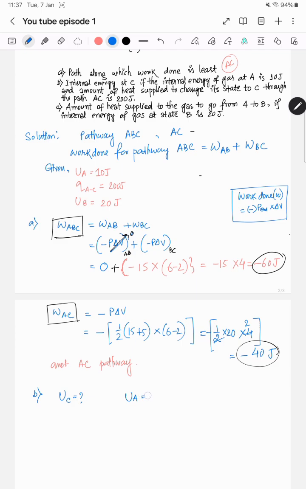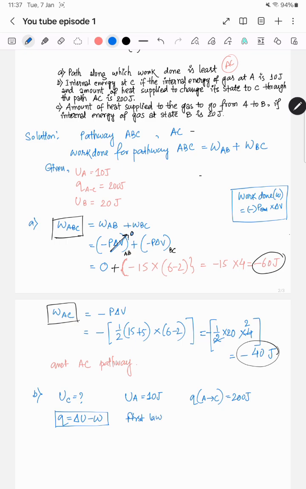Internal energy at A is 10 joule, and the amount of heat energy change from A to C is 200 joule. So from the first law of thermodynamics, Q is equal to delta U minus W. This is the first law of thermodynamics.